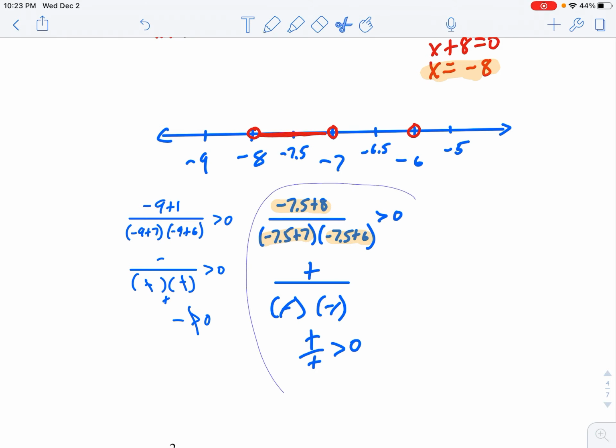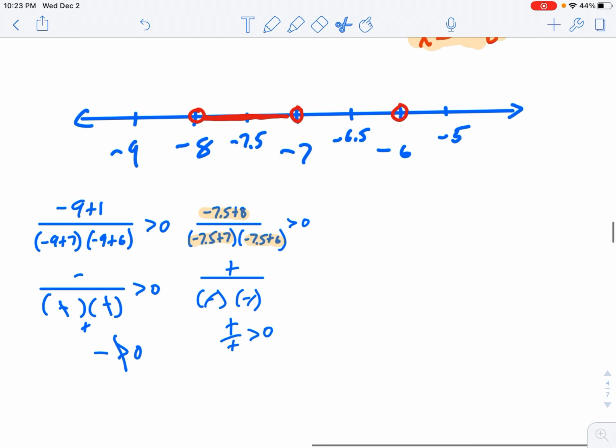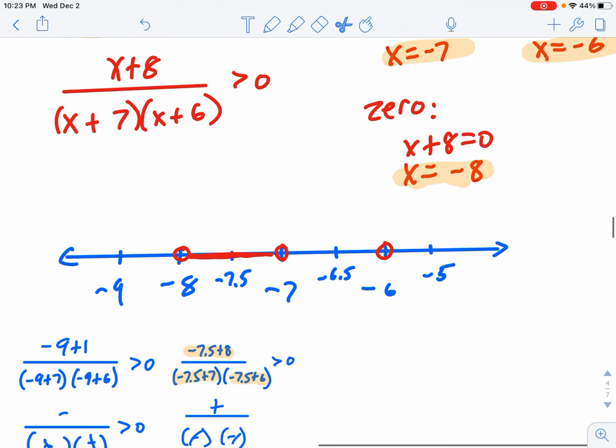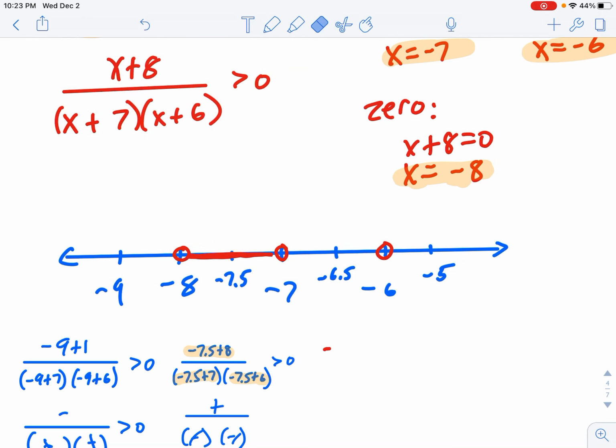And I'm going to need to shrink that down so I can fit more work. Let's look at negative 6.5. Get the original problem in frame there. So negative 6.5 plus 8 over negative 6.5 plus 7 times negative 6.5 plus 6.